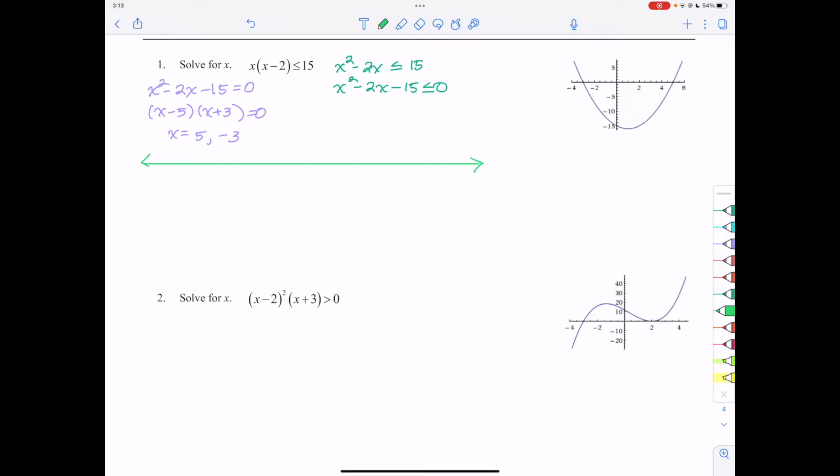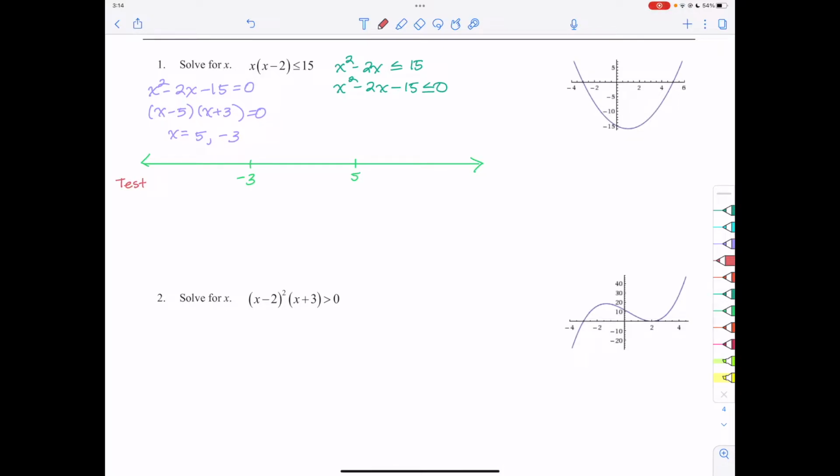And we will place any values that made f of x equal 0 and any x values that were undefined. And we didn't have any undefined, so we will just place negative 3 and a positive 5 on our sign chart. Test values, and let me just write test here.